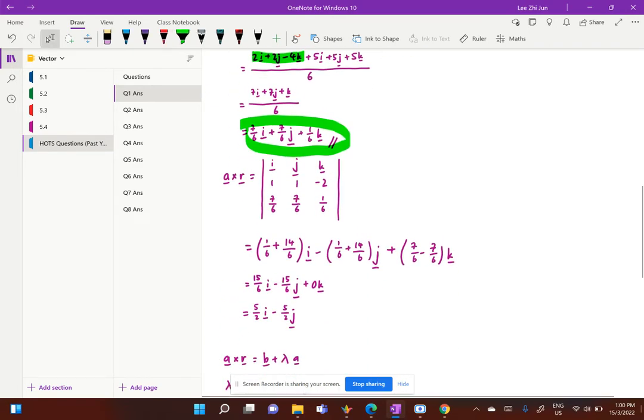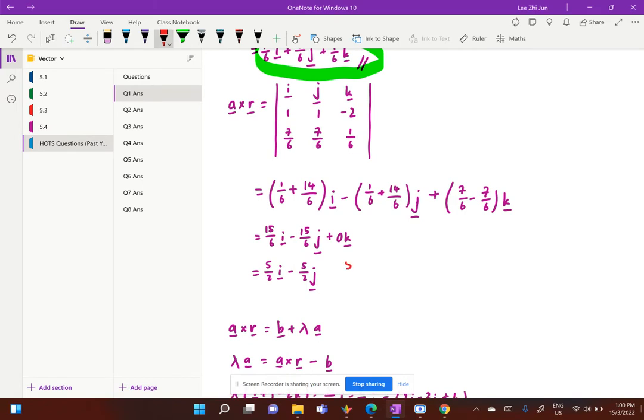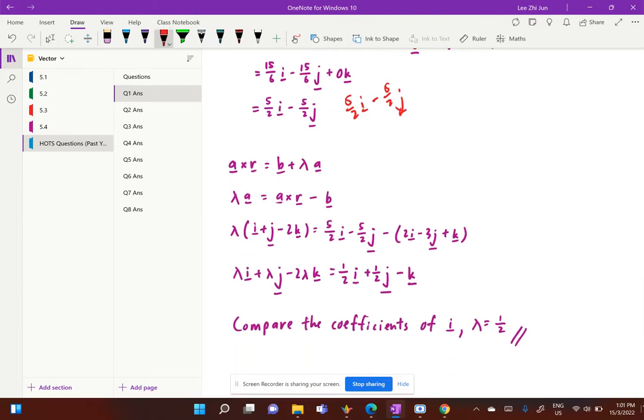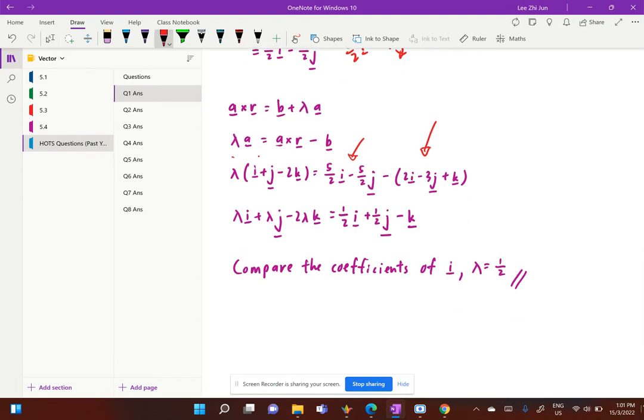So A cross R, I will get 5 per 2 i minus 5 per 2 j. For B plus lambda A, I take the lambda to the left-hand side first, where A equals i plus j minus 2k. So this is A cross R minus B, and multiply lambda inside. Compare the coefficients.